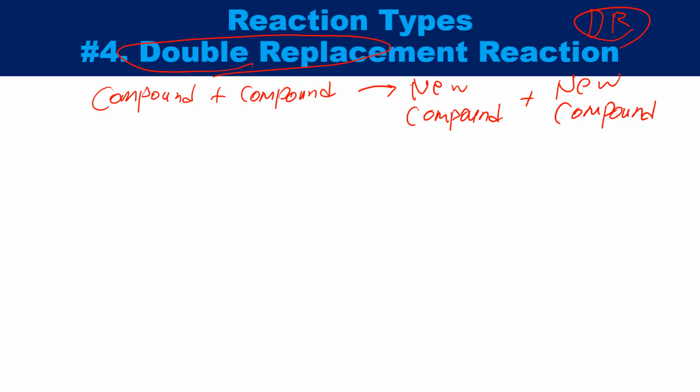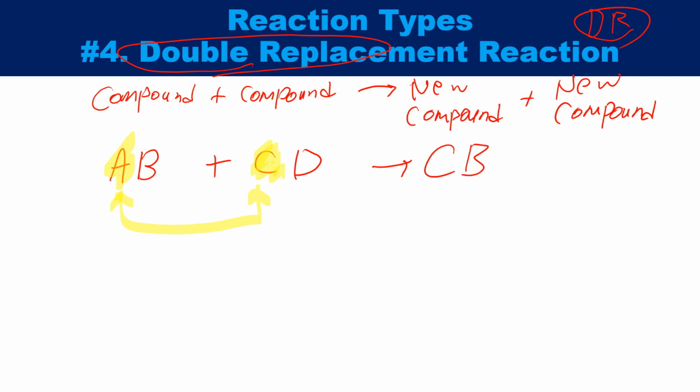For instance, if I have a compound AB mixing with CD, the two members, in this case metal and metal (if you do non-metal and non-metal, that's okay because the outcomes are exactly identical), then instead of AB, B being with A, it's now C with B because they change places, and instead of C and D together, it's A and D. As you may notice, everything is a compound. There are no elements involved. That's a key point about this fourth one.